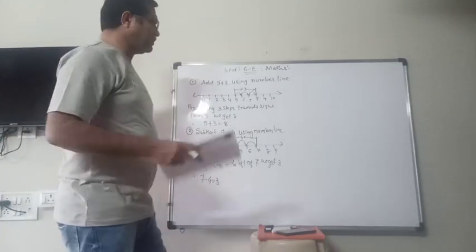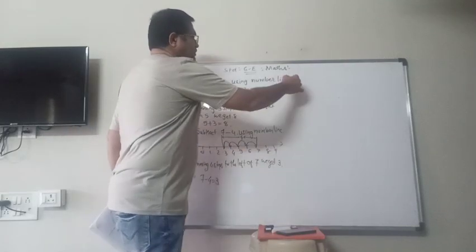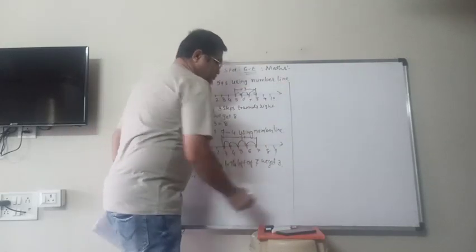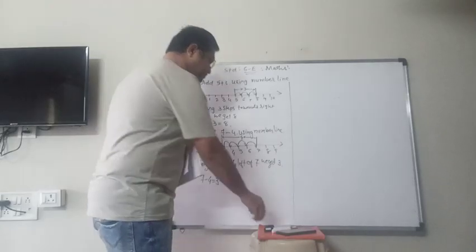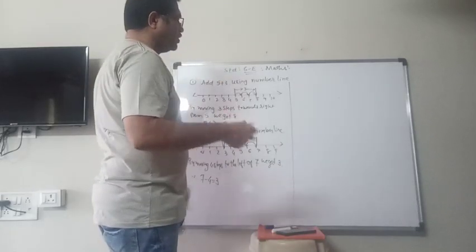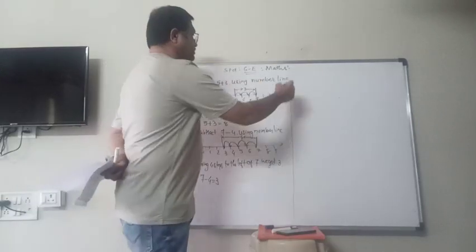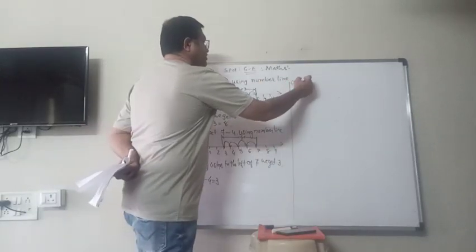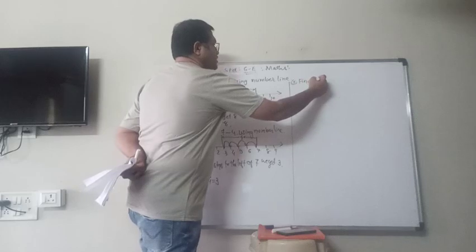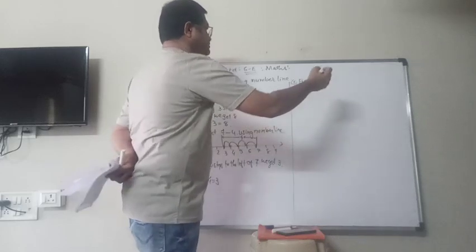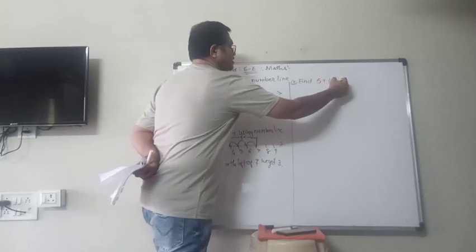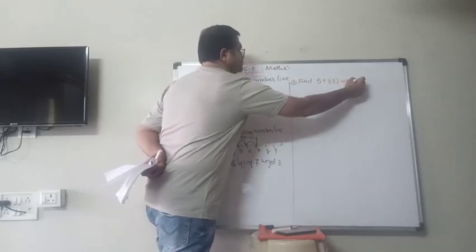But sometimes we know that the two signs plus and minus come together in between, or 2 minus signs. Find 5 plus minus 3 using number line.